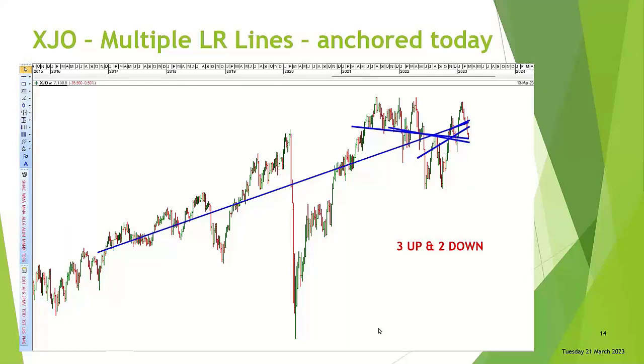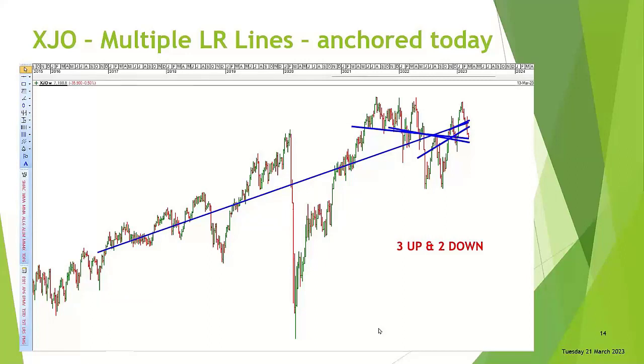So what we have here is 5 linear regression lines, and offhand you can see that we have one very long one going out for 6 years, and then one that's 2 years back, one that's 1 year, and that gives us a view of what the strength is of the stock at the final bar.